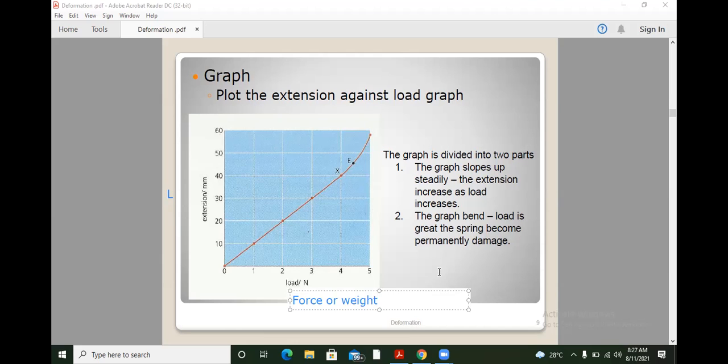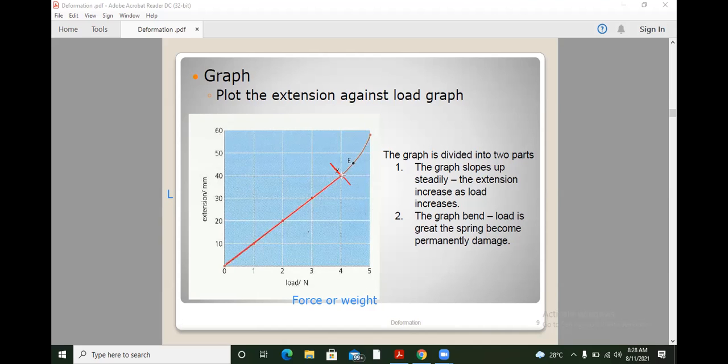So you can see, what is the graph between both of them? Up till here, the X point, we have a straight line from 0 onward. What does it mean? Can anybody interpret it?